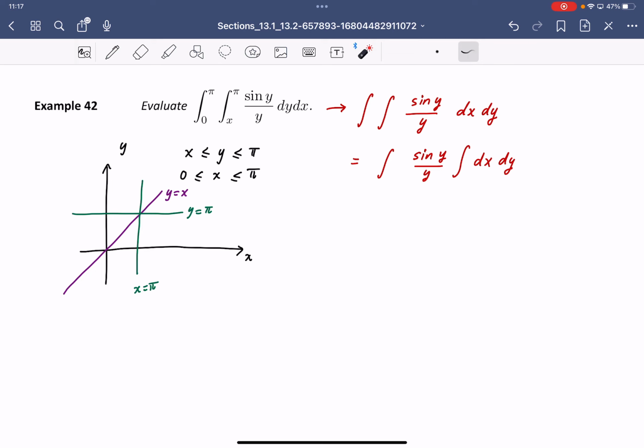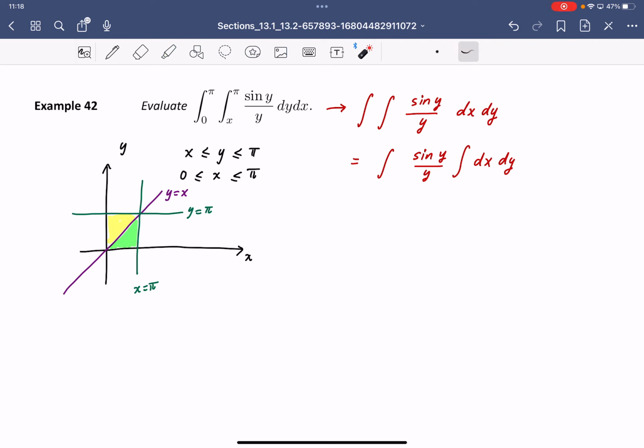Which region are we integrating with respect to? The candidates are the yellow one and the green one. Which one are we integrating over?